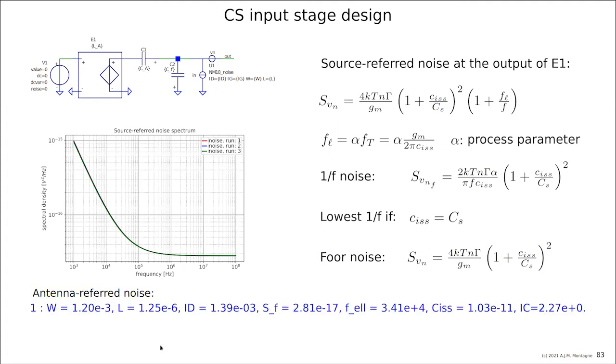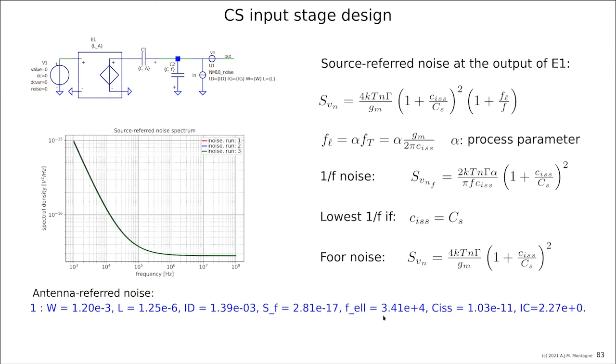And the 3 cases were, first, we had a width of 1.2 millimeter, a length of 1.25 micron, 1.4 milliamp, and we found a floor spectrum at the antenna of 2.8, so 2.8 atto volts squared meter squared per hertz, because this was antenna referred. It says here on the picture source referred, but it should be antenna referred.